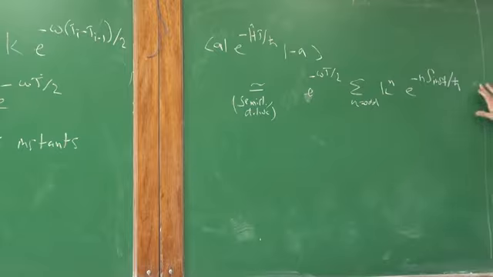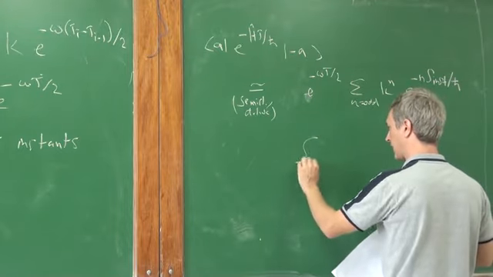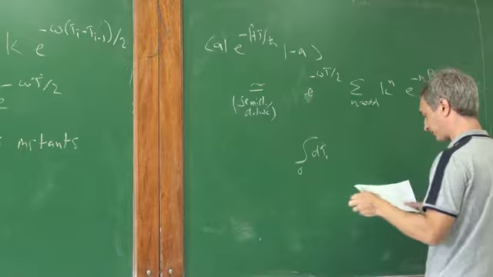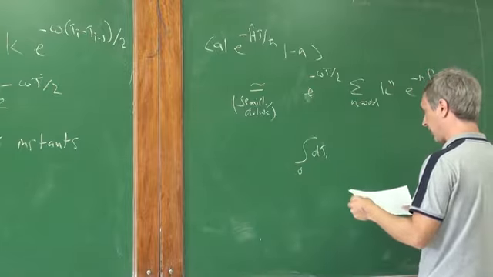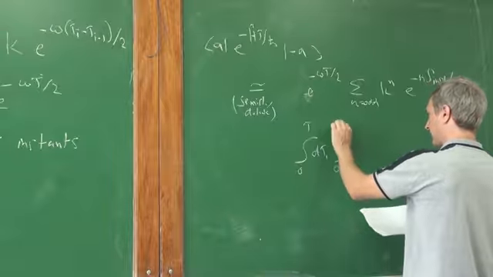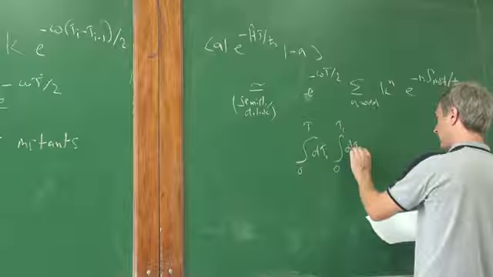bar, and then we still have the tau integrals that we had. We said that we can choose the origins of the times when the instantons happen freely.